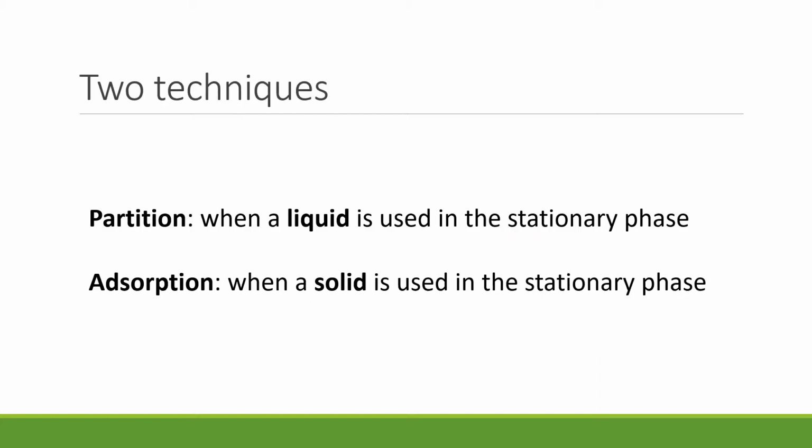The two techniques that we're going to talk about: one is partitioning, and this is when we use a liquid as our stationary phase, the phase that doesn't move, part of the apparatus. And if we're using adsorption, this is when we use a solid as the stationary phase.